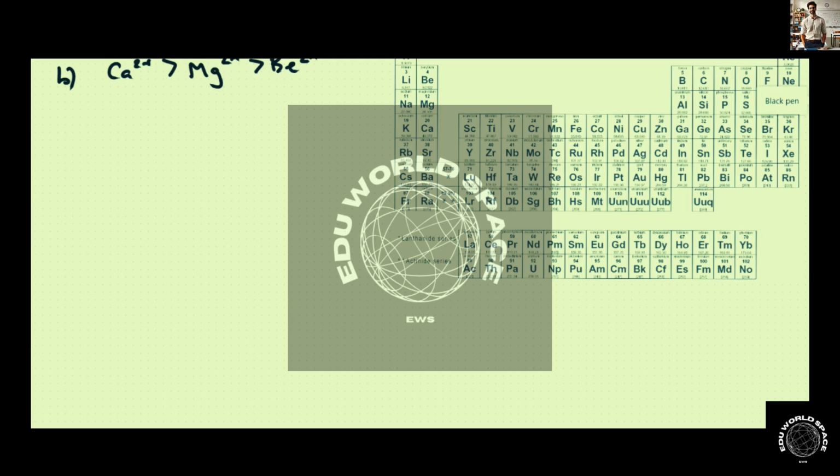But let's highlight these, right? And you'll notice that they're all in the same column. So maybe there's something that we can do here. Because normally, moving down a group increases the atomic radius.